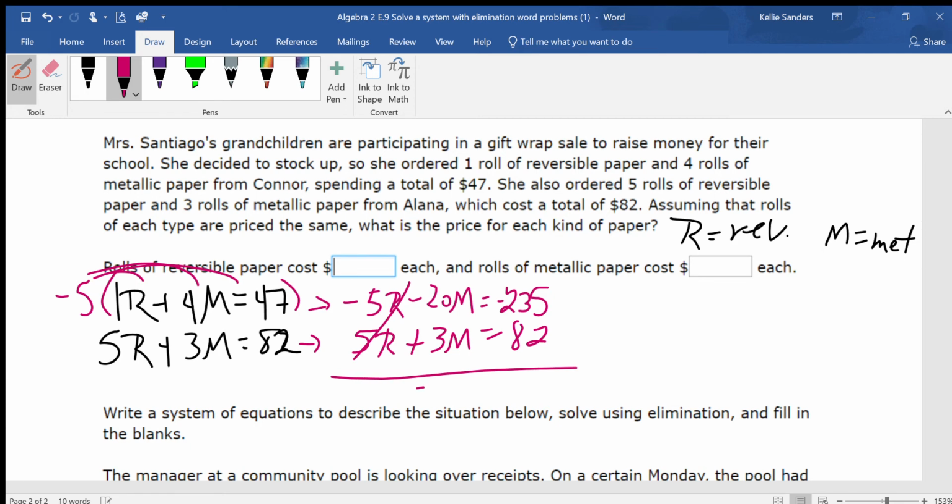Negative 20 plus 3 is negative 17. Negative 153. I'm thinking, because I don't have my calculator with me.